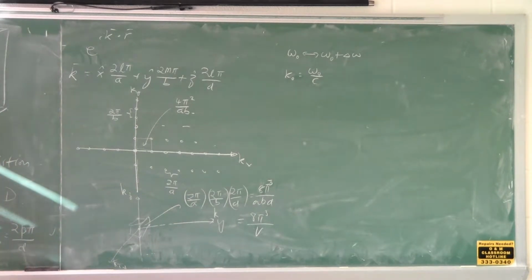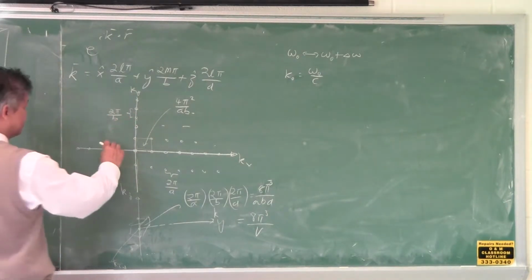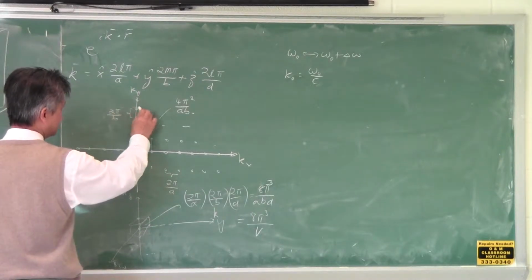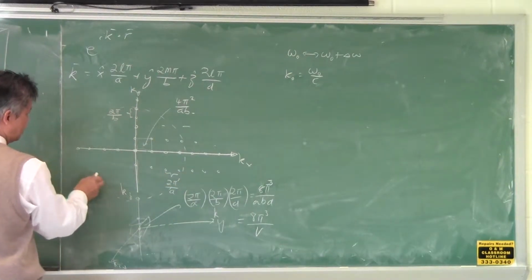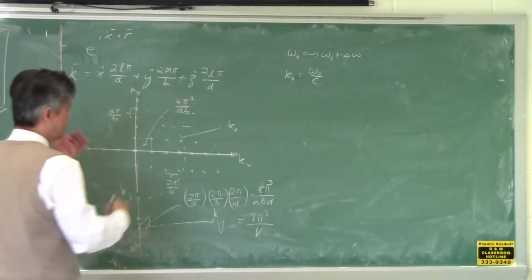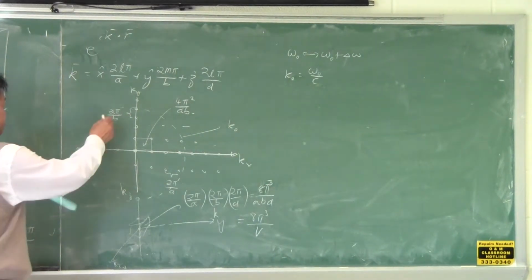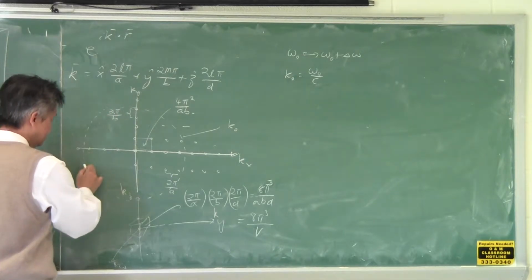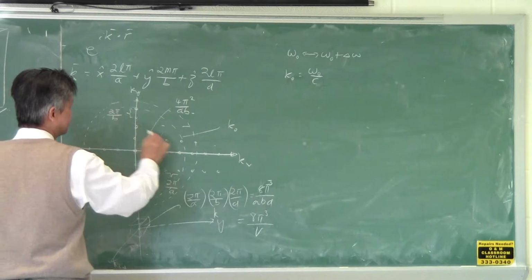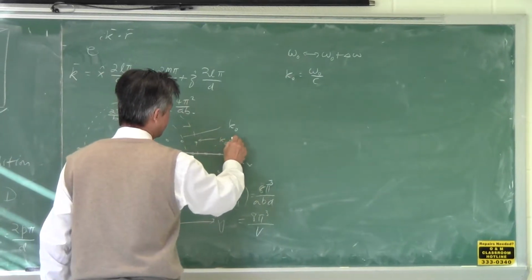If I were to draw in 2D, that frequency range will correspond to a shell: a circle of radius k naught in this k space, plus another circle of radius k naught plus delta k.